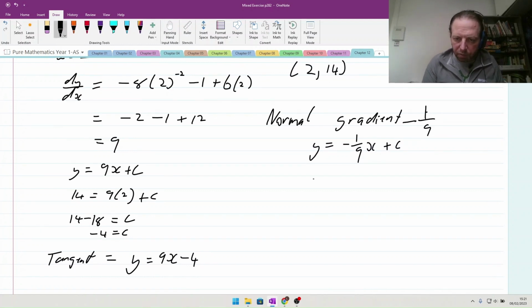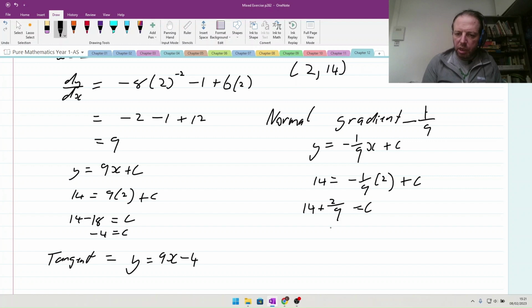So we have 14 is equal to minus 1/9 times 2 plus c. So we've got 14 plus 2/9 equals c. 14 and 2/9.